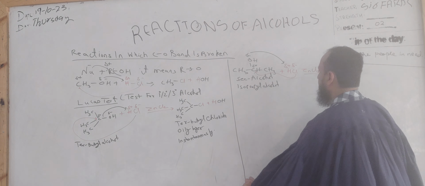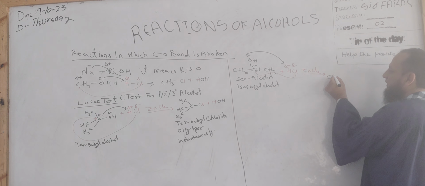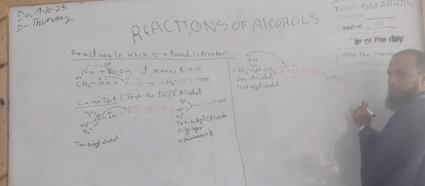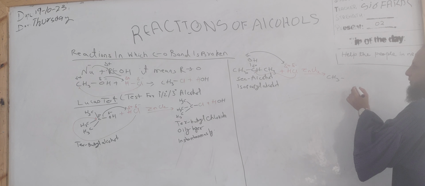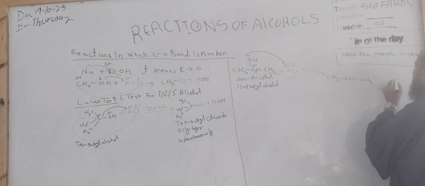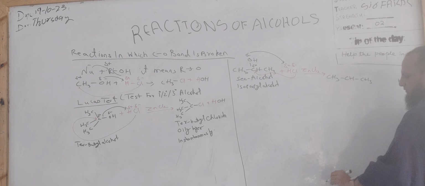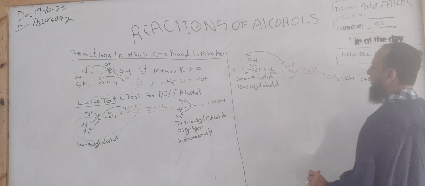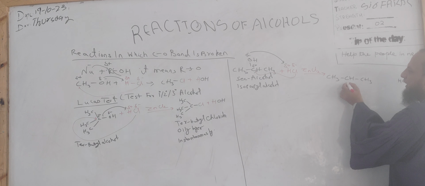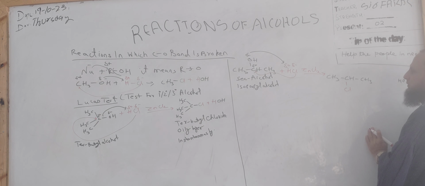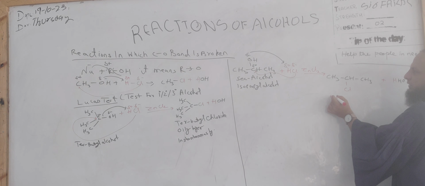We would get CH3, CH3, and it has been attacked by whom? It has been attacked by chloride, and OH has attacked on H. So we get the oily layer.